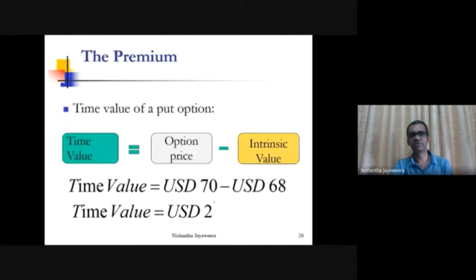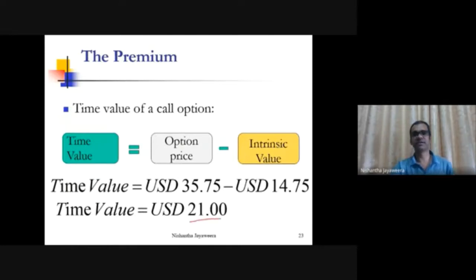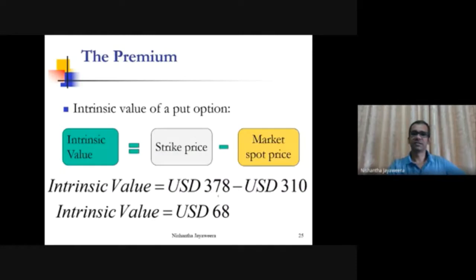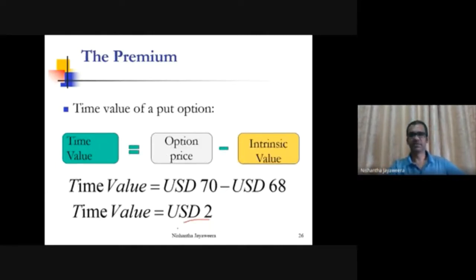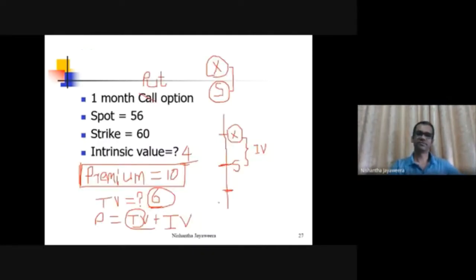In one option, time value is only 2. In the other option, time value is 21. I explained the reason. Because in this one, intrinsic value is 68. That means it's a deep in the money option. So when the option is deep in the money, time value is low. The premium of the option is driven by the intrinsic value.